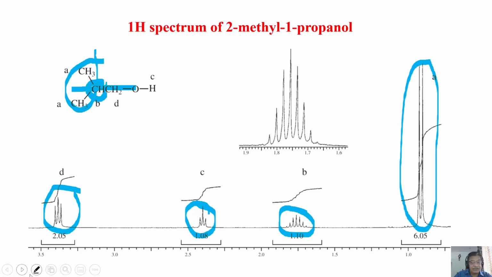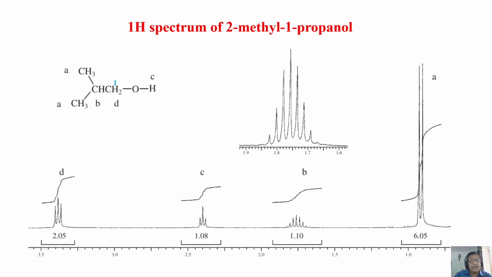The CH splits this into a doublet, so it appears as a doublet. It has to couple. That's what is happening. You can see this CH is coupled to this and also this. Otherwise, it would have been simply a triplet. But in fact, it is a complex pattern here. You must assume it is coupled to this.